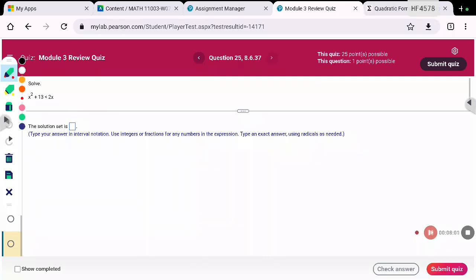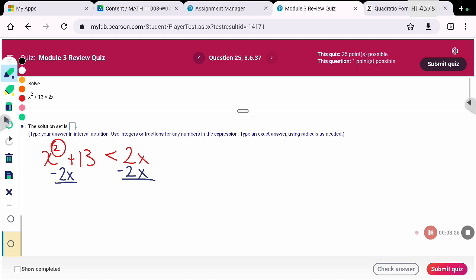All right, last one. I have x squared plus 13 is less than 2x. So I do notice that it is quad again, which means I can put that in my quad calculator. But before I do that, I need to have it where the 2x needs to come to the other side. So I'm going to subtract 2x from both sides.